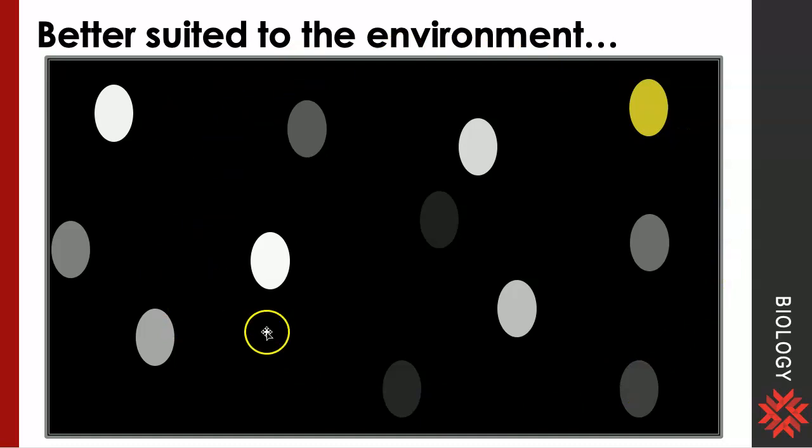So in this environment here, this guy is going to stick out very easily for that predator, that bird coming through. So it's going to get eaten super quick. So that mutation was harmful, and that new trait, that new color, is going to get eliminated quickly from the environment.